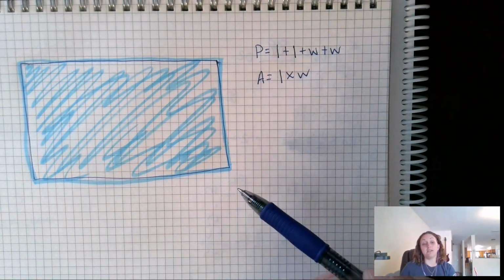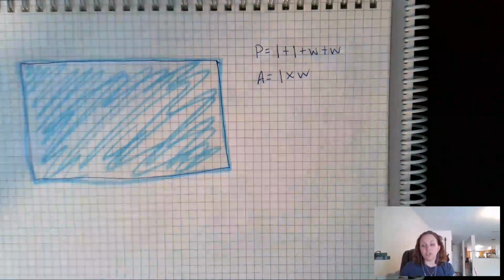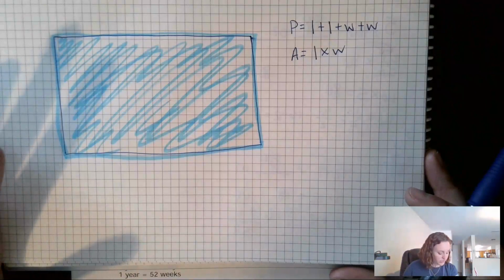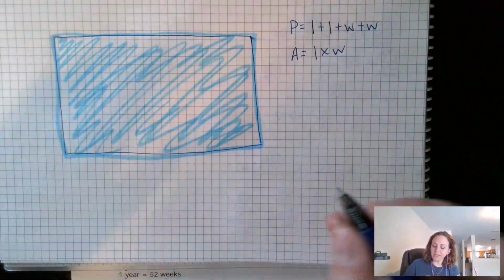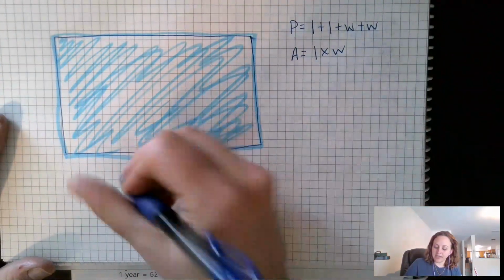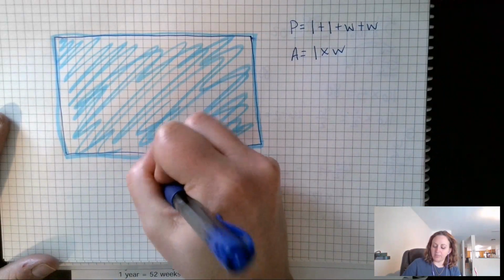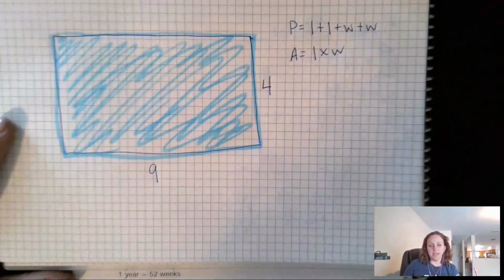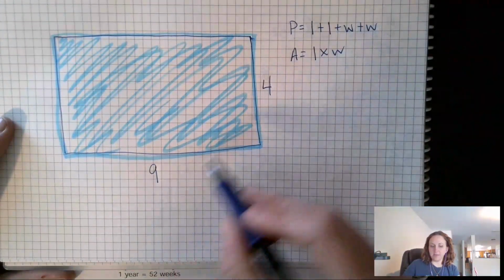So let's start with a really basic one. Again, we're always going to be dealing with rectangles. Let's say the length is 9 and my width is 4.